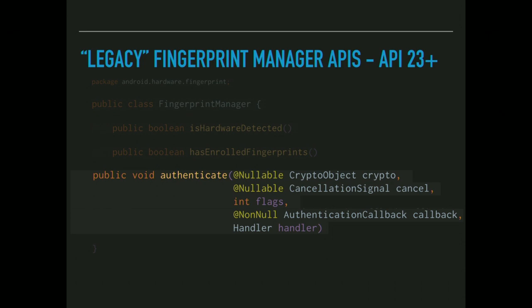But again, there's no UI, so on the fingerprint manager side, you're responsible for providing a UI that hooks into those callbacks and gives the user feedback about what is going on. This just turns on the fingerprint sensor, and if you don't provide a UI, they have no idea that they need to now put their finger on the fingerprint sensor. So you need to provide a UI.